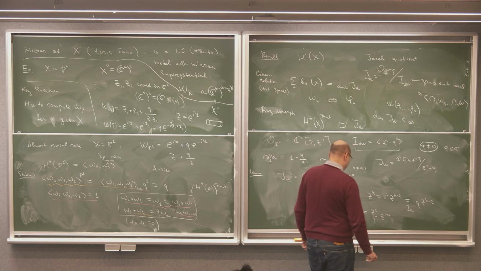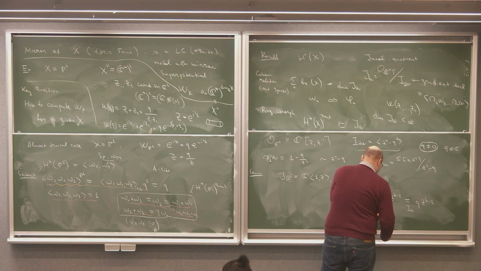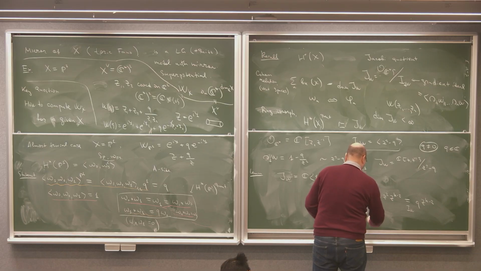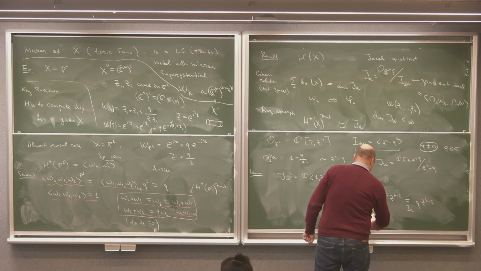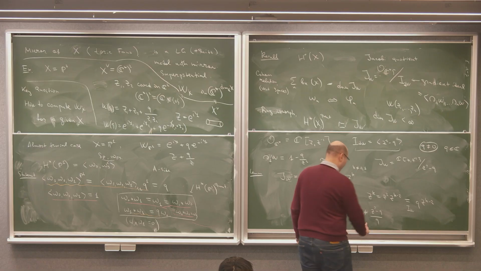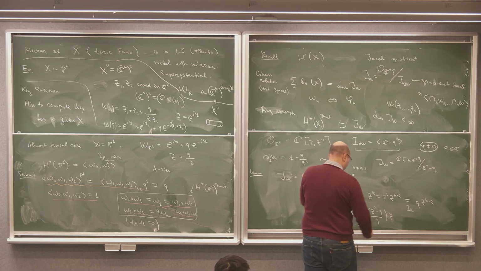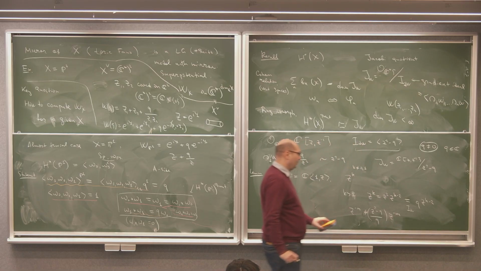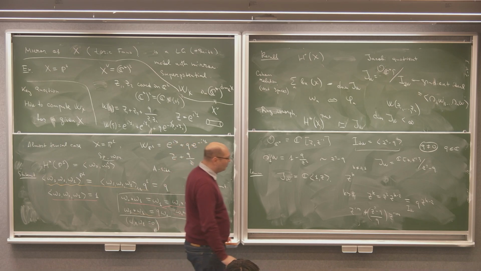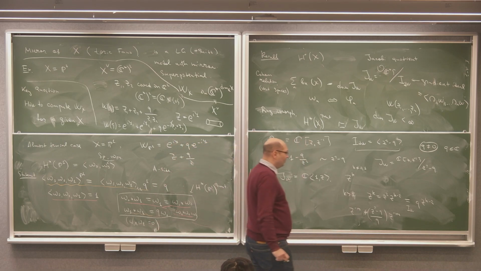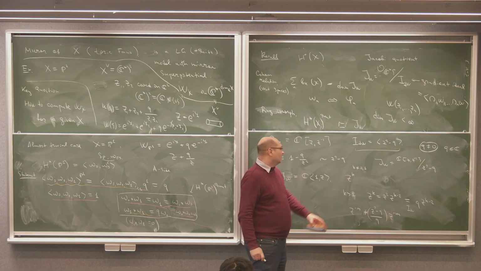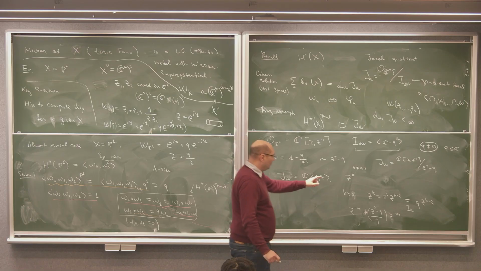That will give me an element that is trivial, namely z square minus q divided by q. So I really need to divide by q to turn all these negative powers into a constant or z.